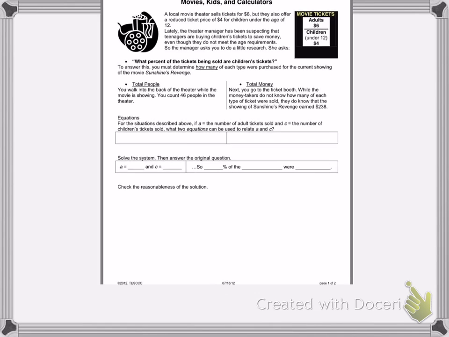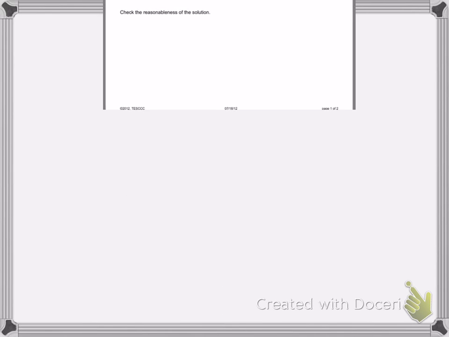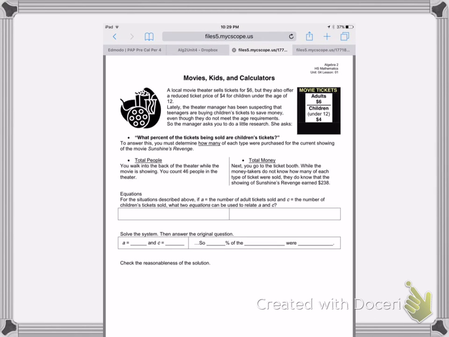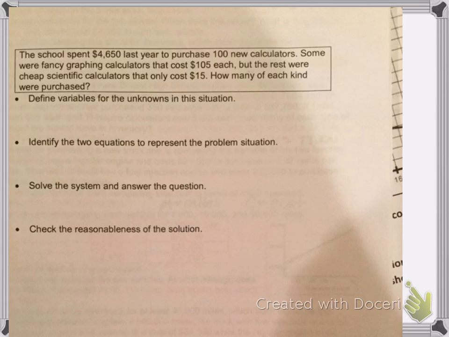Okay, and I'll bring our picture back. This time I'm going to move it way up. Okay, now we're going to continue on.